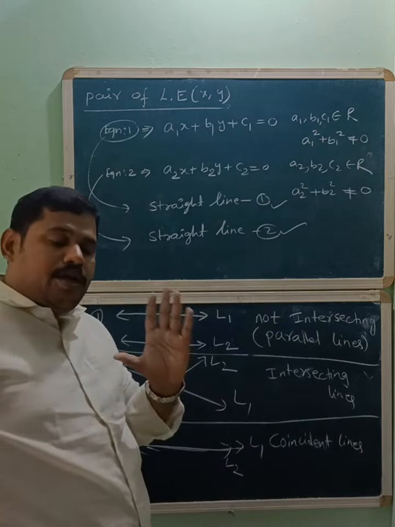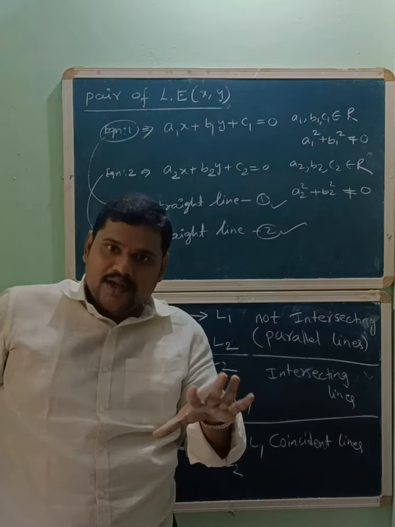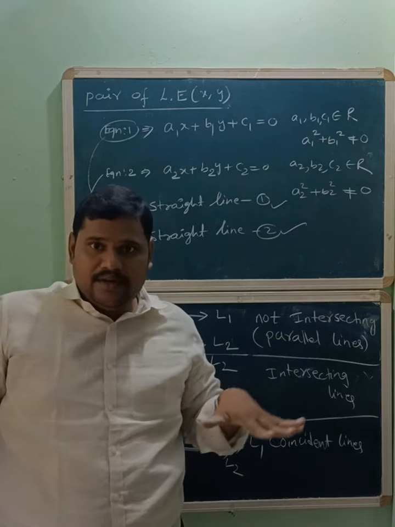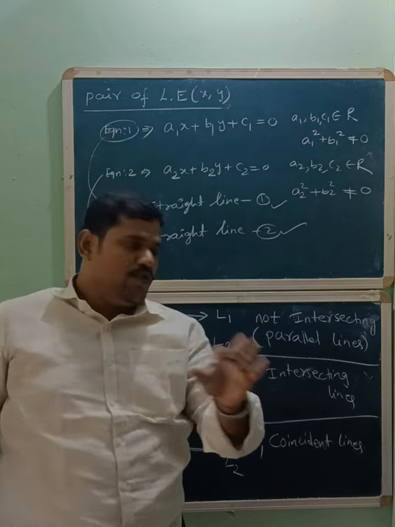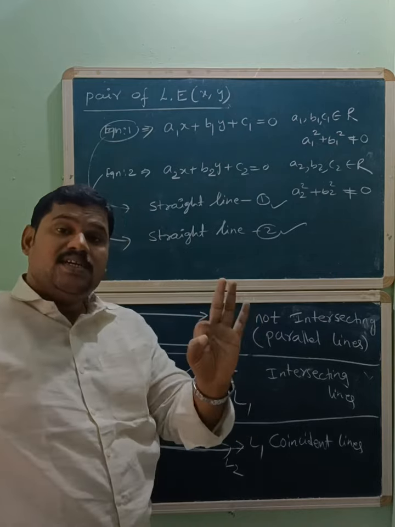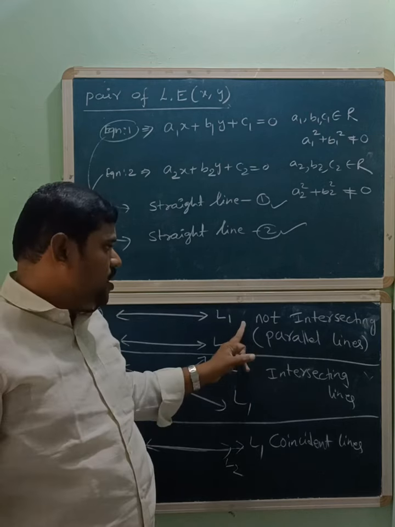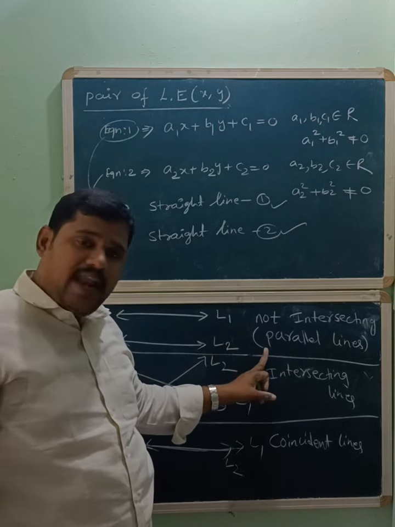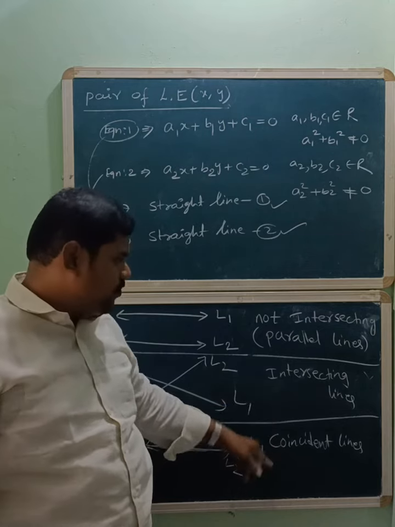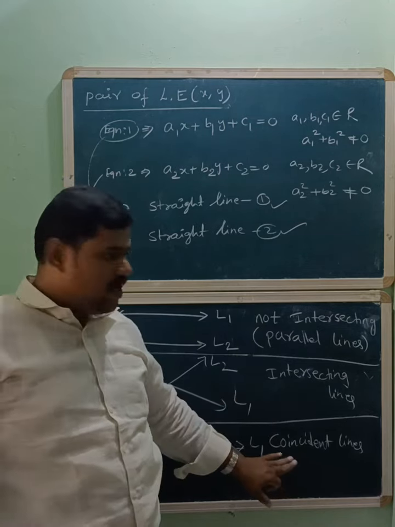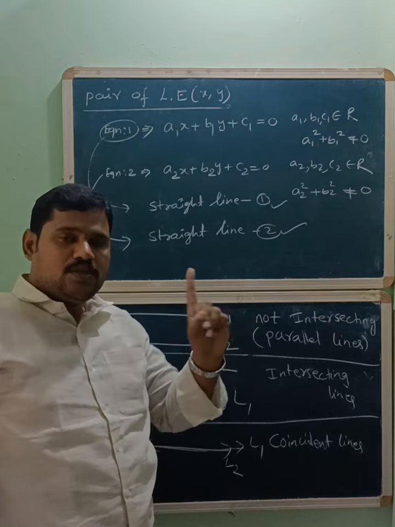If we want to draw two lines on a plane, there are only three possibilities: not intersecting, meaning parallel lines, or intersecting lines, or coincident lines. Any one of these possibilities exists.